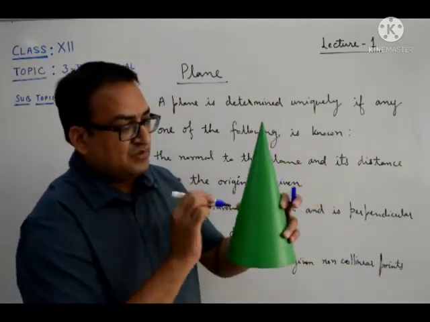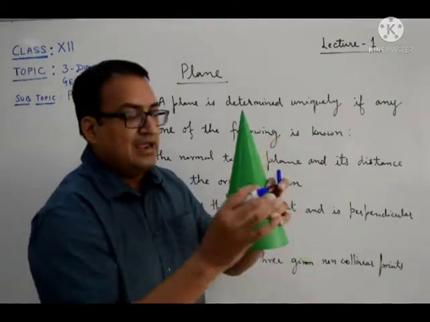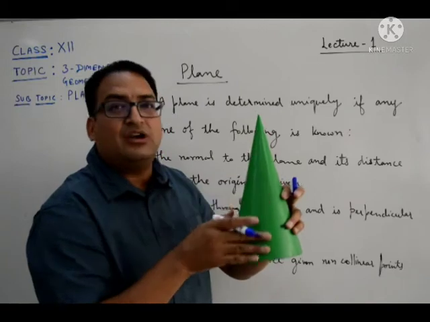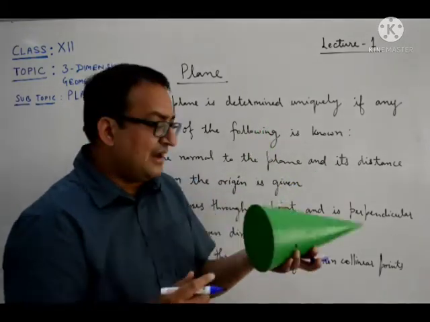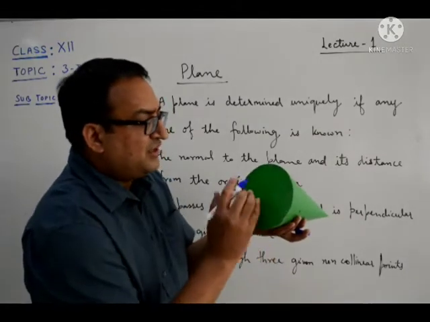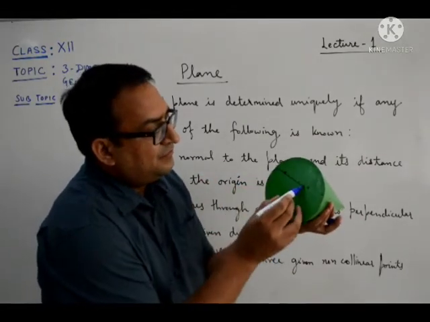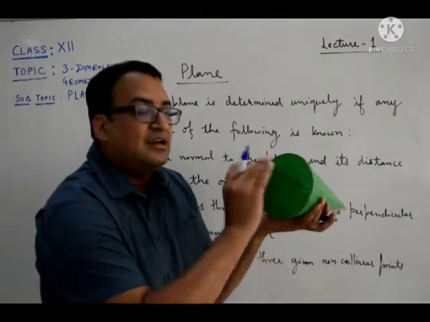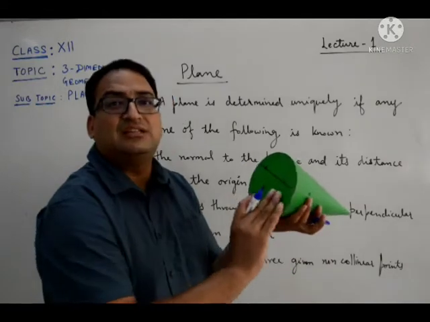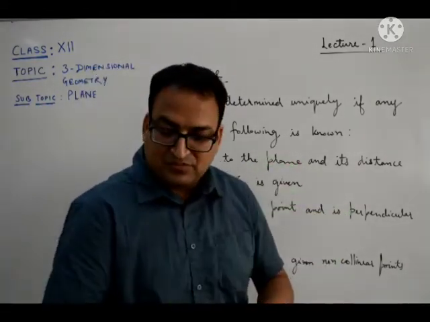You will see this line will pierce through this solid, and this line will not lie on this surface. So this surface is not a plane. On the other hand, if on this surface I take any 2 points and join them, you can see the line entirely lies on this surface. So this is the definition of a plane.